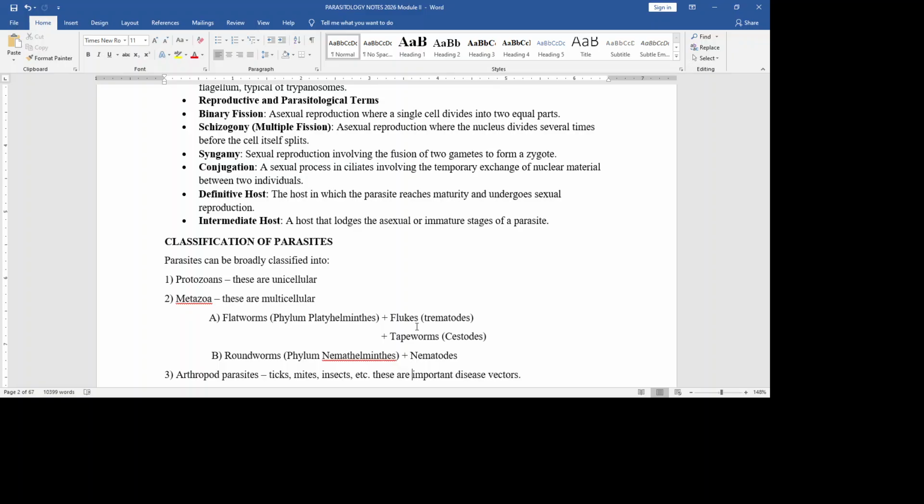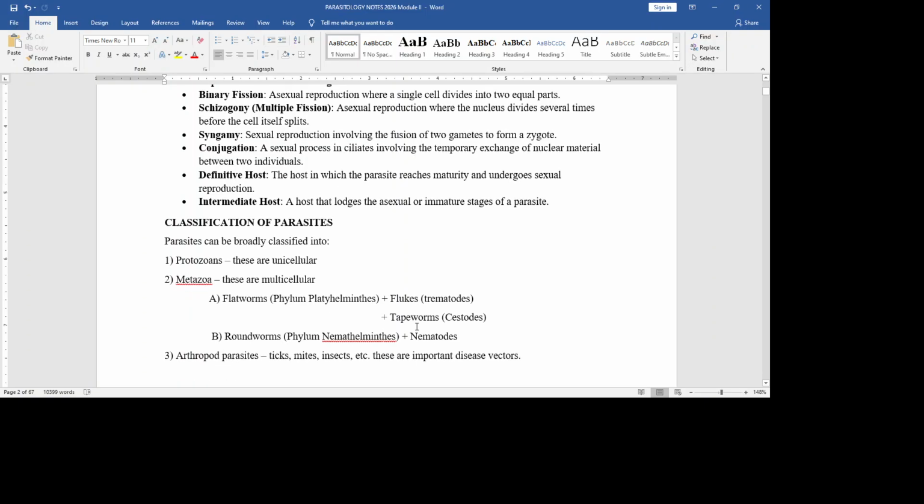And under metazoa or under multicellular parasites, we have a number of flatworms, which includes the flukes and the tapeworms. Then we have the roundworms or the nematohelminths or the nematodes, and here we have quite a number, and we are going to discuss them.